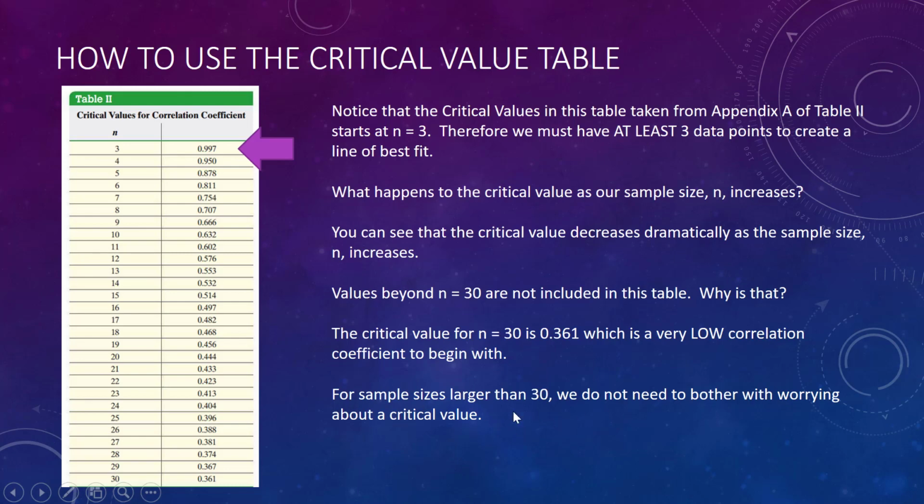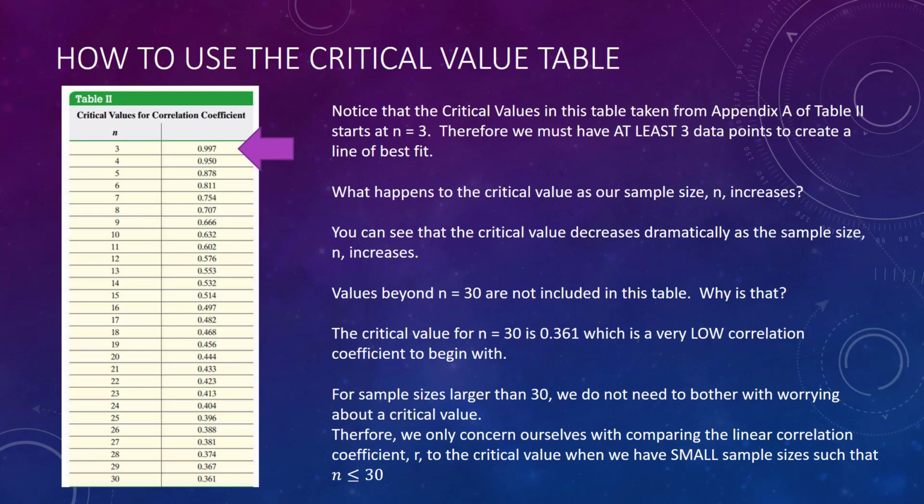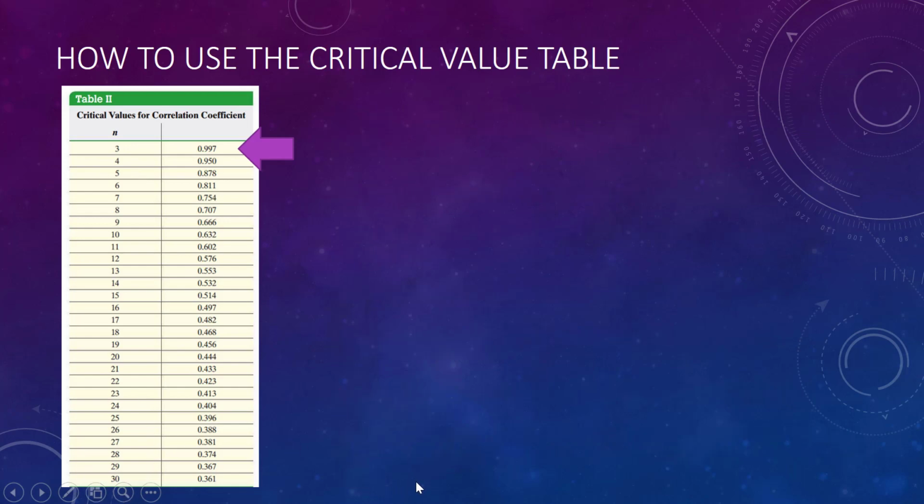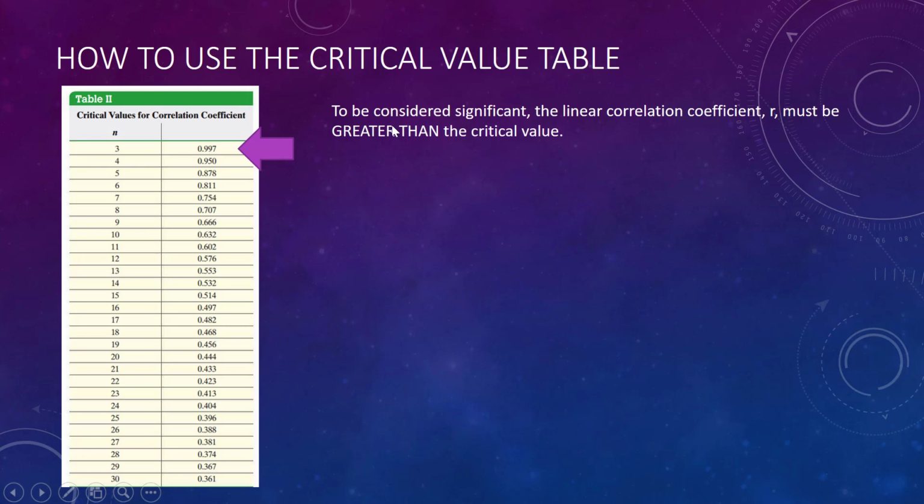We just assume that our correlation coefficient is relevant and significant. So again, we only have to check for critical values when we're dealing with a small sample size, or n is less than or equal to 30. To be considered significant, the linear correlation coefficient r has to be greater than this critical value.